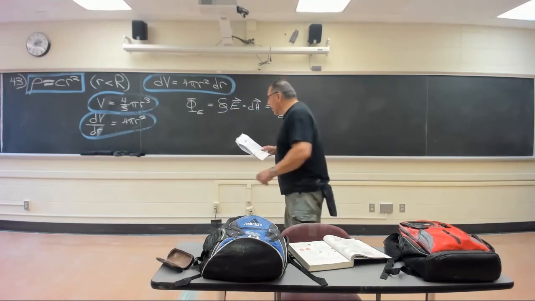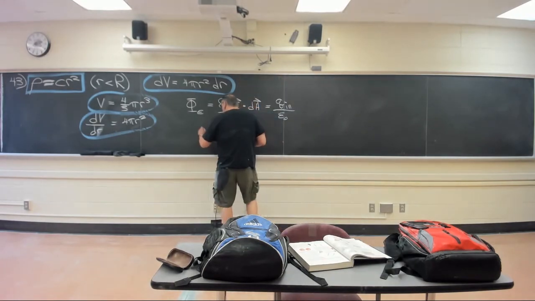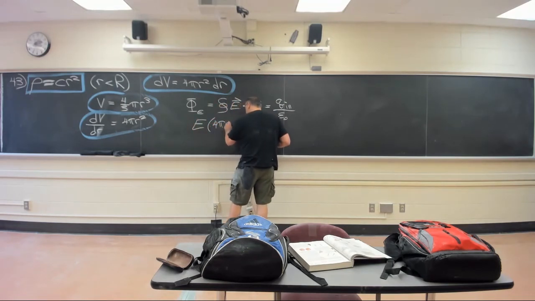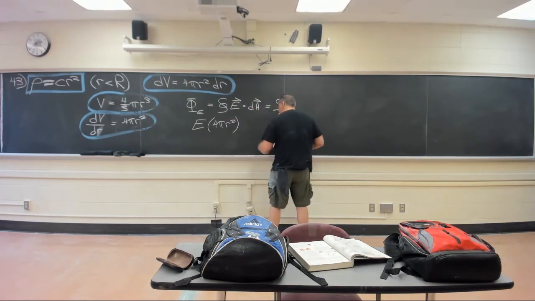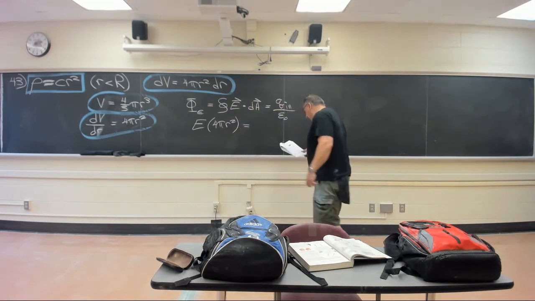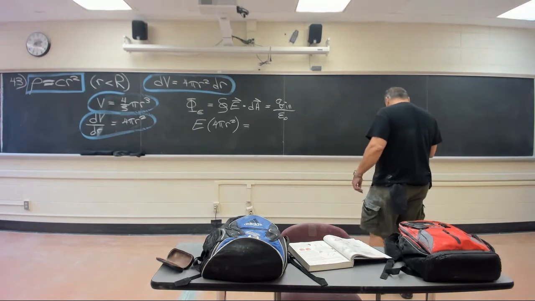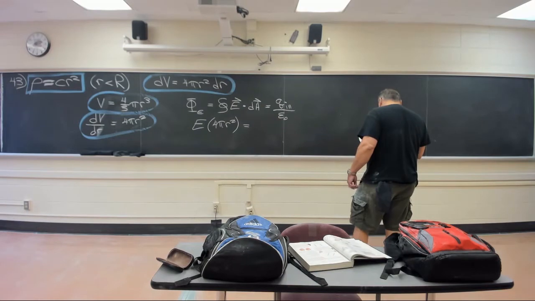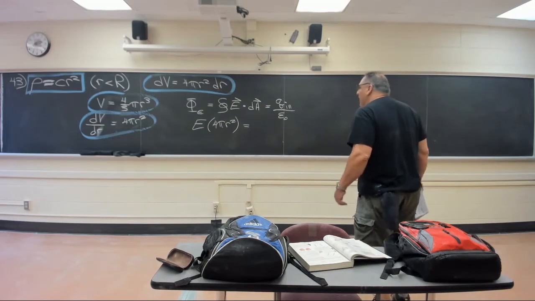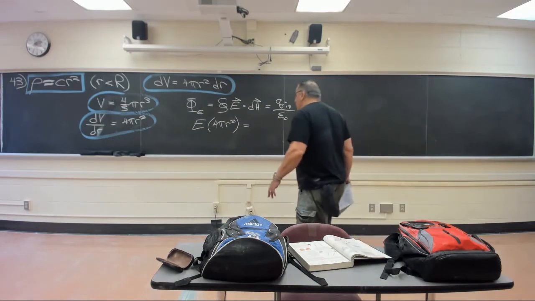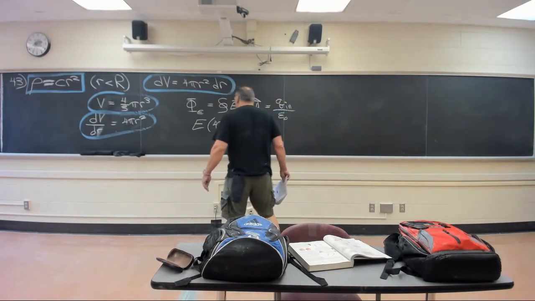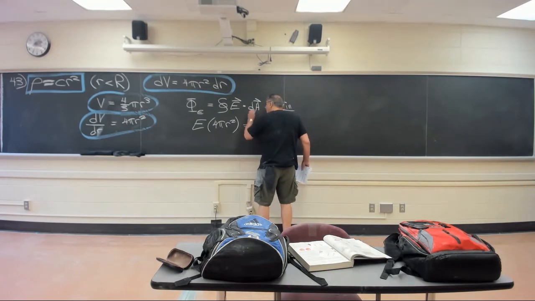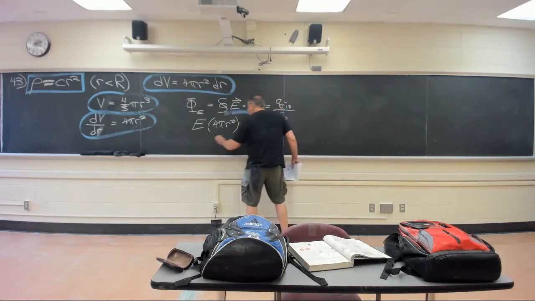Because of that, we can say E times 4 pi r squared equals this. Here's where you really have to watch it now. We know a lot of stuff, that's true, but you have to be extremely careful here. Okay, let's talk. We know that this right here is this.